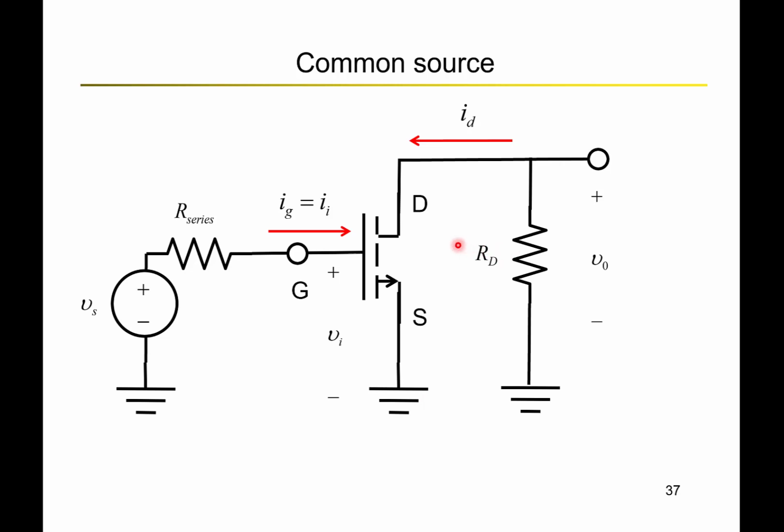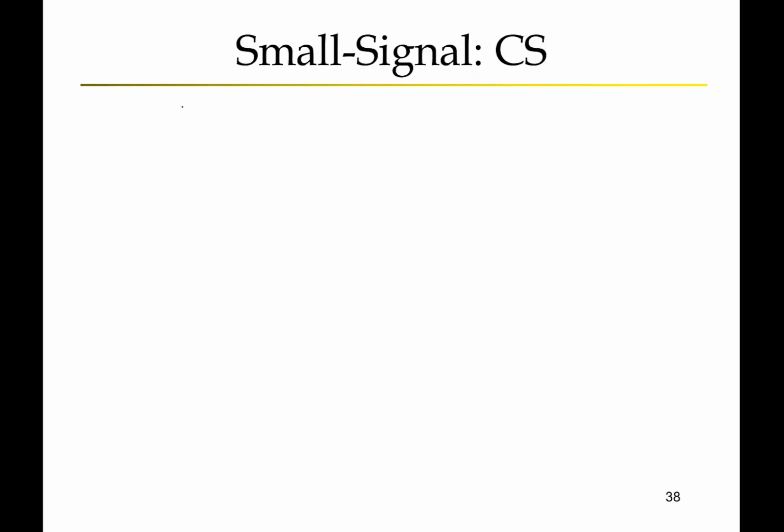Also, the resistance names change because it's a drain, so we call it RD, and everything else in the circuit remains the same. Let's try to draw the small signal model for this circuit. Remember, the MOSFET's small signal model looks like this, where I have drain, source, and gate.